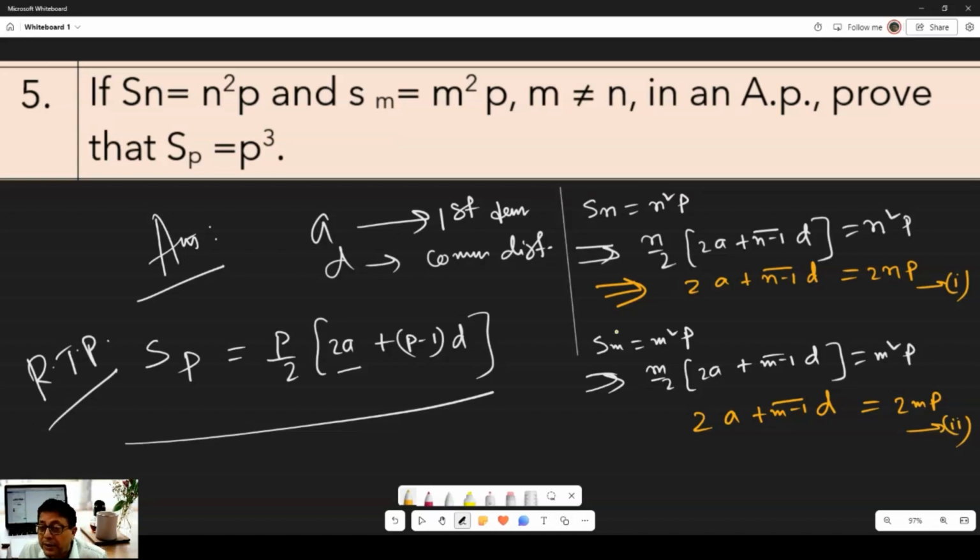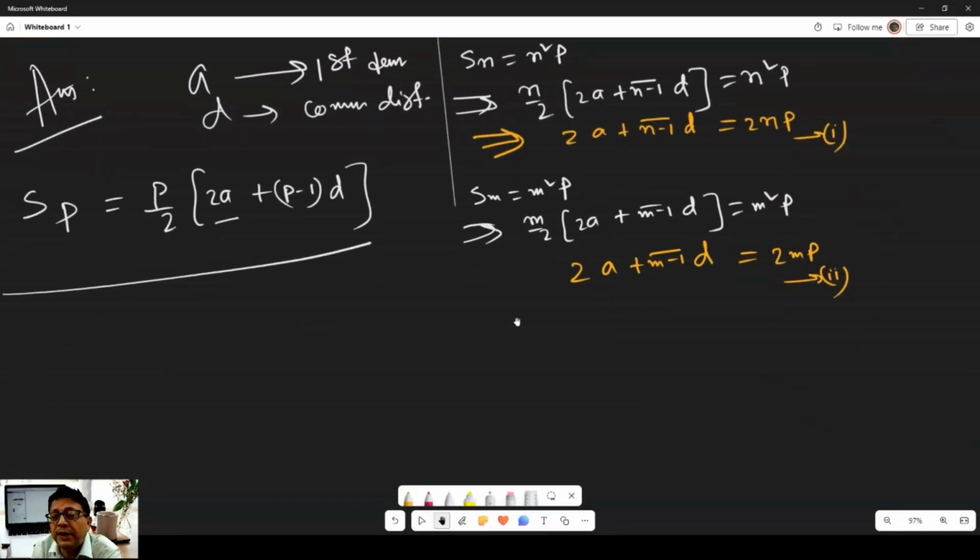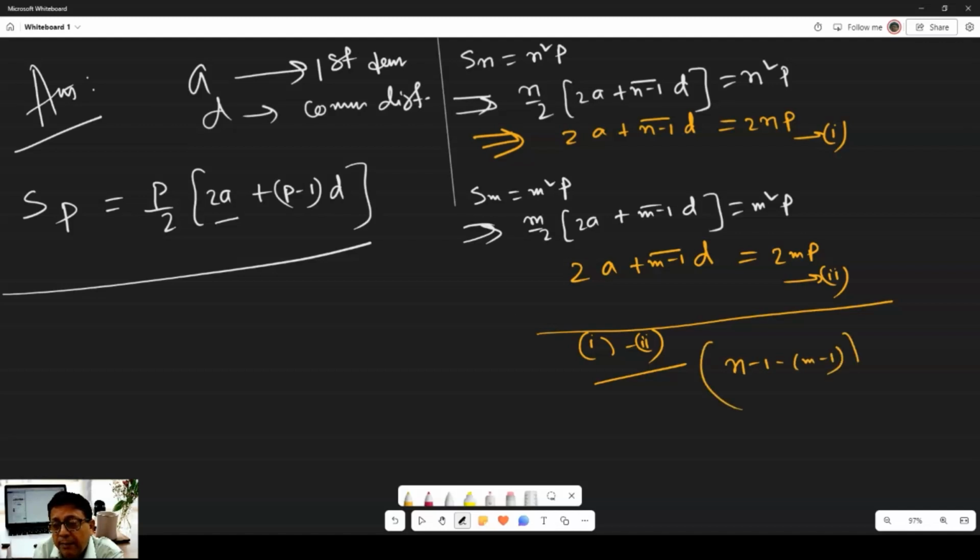Now from here we'll be getting a and d and substitute there. Let's see what happens. When you are trying to find a from there, you just subtract, and d will come out. So if we do 1 minus 2, then it will give us ((n minus 1) minus (m minus 1))d equal to 2 into (n minus m) into p.